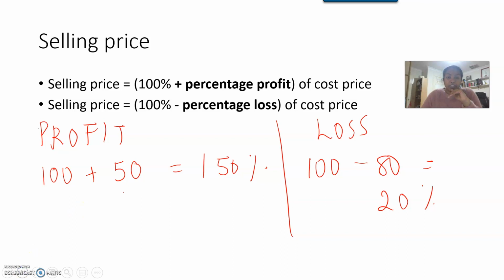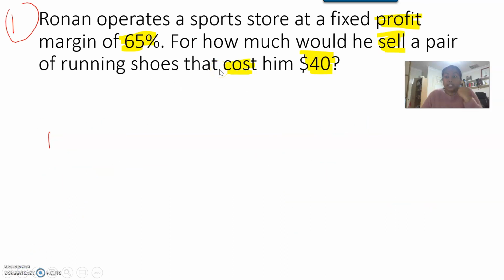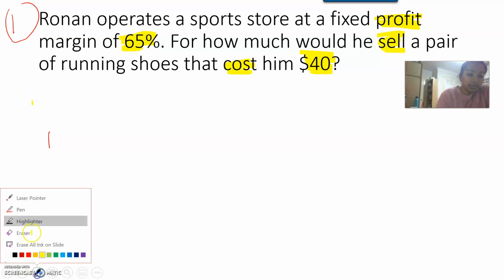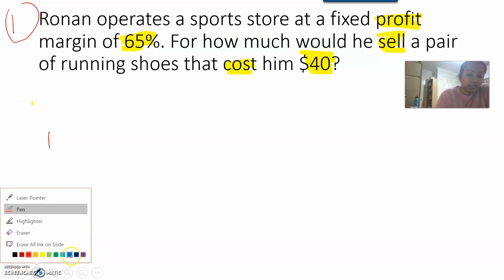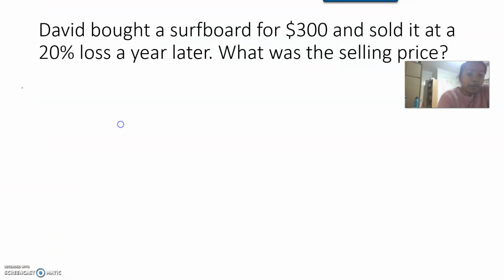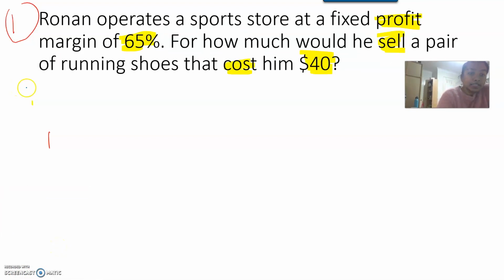So if we go back to the question, we are looking at percentage profit. That means we need to add whatever that percentage is to 100. So that's the first thing we're going to do. So let me just get the pen. So what we're going to do is selling price.